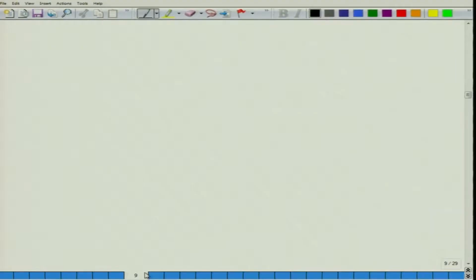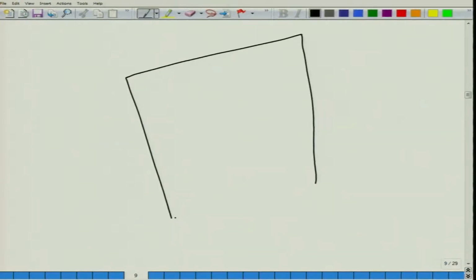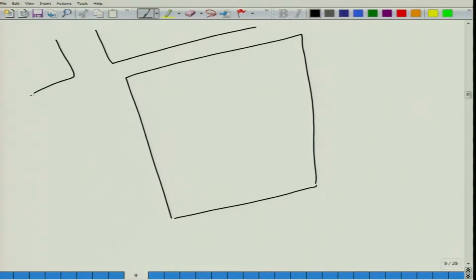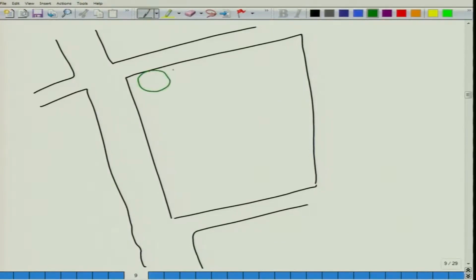Now, what do we mean by edge effect? Suppose you have this forest and suppose we have a road here. What will happen in that case? Let us look at the top view. Suppose we have trees here.